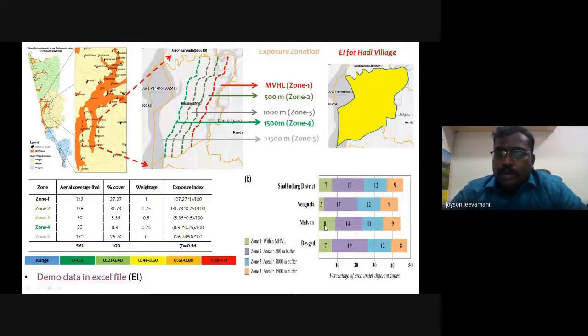For example, in Devgarh, 7% of the total land area is under zone 1, which is the main multi-hazard vulnerability zone under the multi-hazard vulnerable hazard map, and 19% is from the 500-meter buffer, like that. This is the dispersion taluk wise and overall Sindhudurg wise. This is how we calculated the exposure index for the villages.